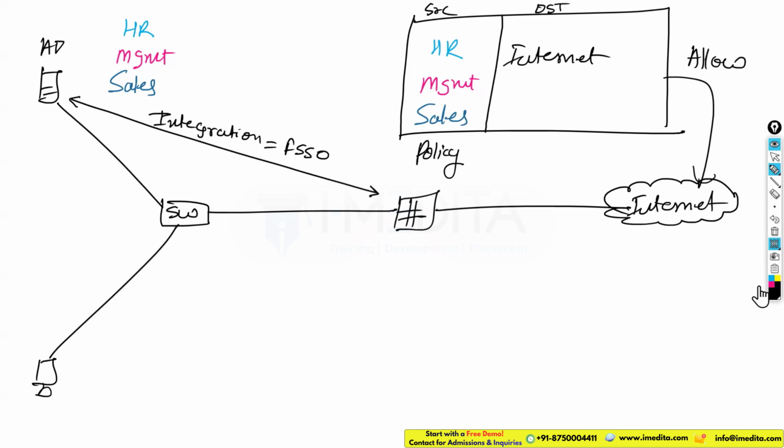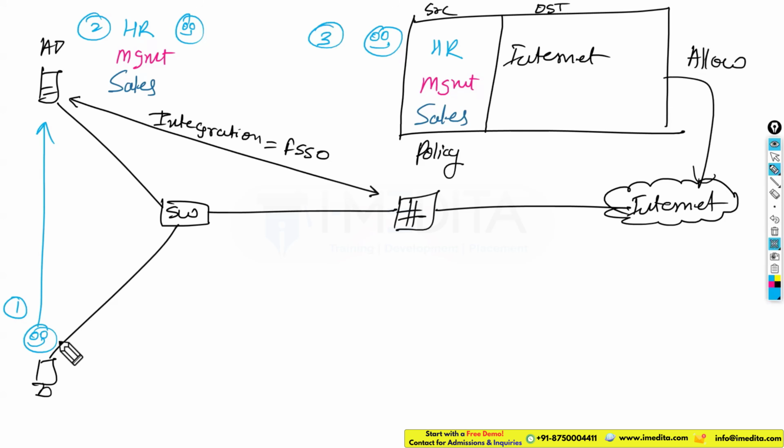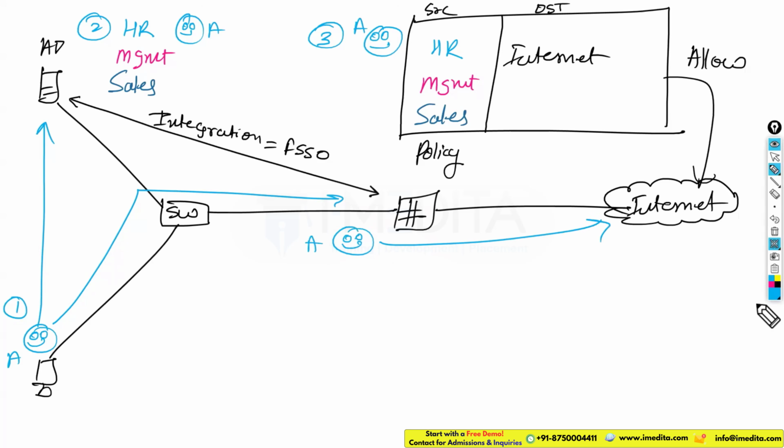Allow. Now a user will join AD. AD will authenticate the user. AD will send user information to the firewall. If the same user goes to the firewall to access the internet, the firewall already has information like user A belongs to HR. So user A is allowed to access the internet.